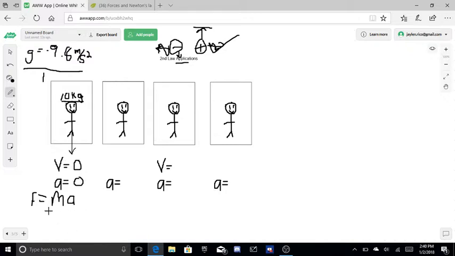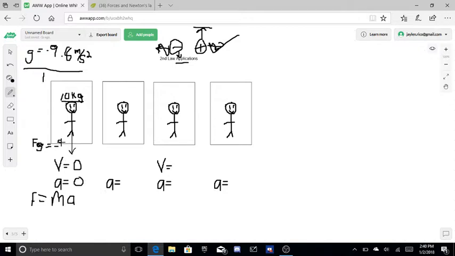So that would equal about negative 98, not meters per second, but 98 newtons.